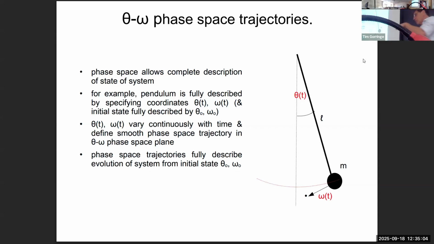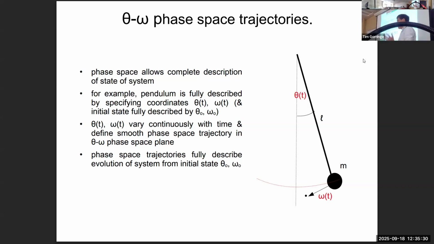So phase space trajectories, what are they? Well, phase space permits you to completely describe the motion of the pendulum. It provides a complete description of the state of the pendulum. And for the pendulum, the phase space is these two coordinates, theta and omega.